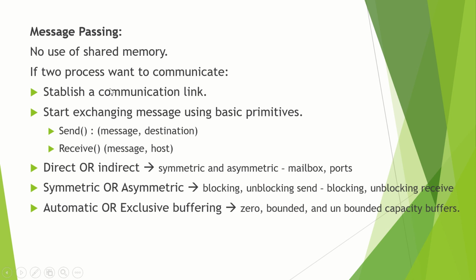Establish a communication link, then start exchanging messages using basic primitives like send, a function which has message and destination variables, and receive, which has message and host variables. It can be direct or indirect, symmetric or asymmetric, with mailboxes or ports, blocking or non-blocking send and receive, and automatic or explicit buffering.